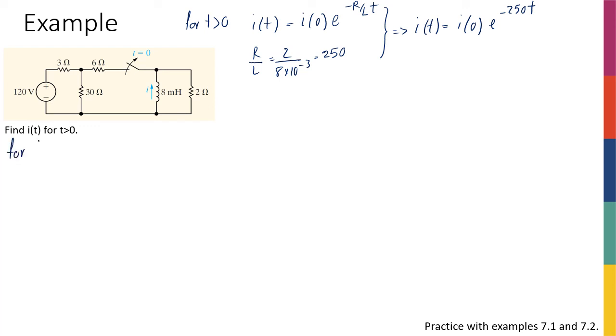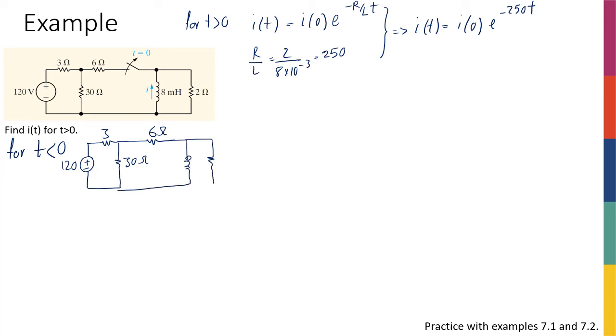For t less than 0, my circuit looks like this. I have the 120 volt voltage source, my 3 ohm resistor, the 30 ohm, the 6 ohm, and the inductor and resistor, right? I just replaced the switch with a piece of wire because the switch was closed before t equal to 0.